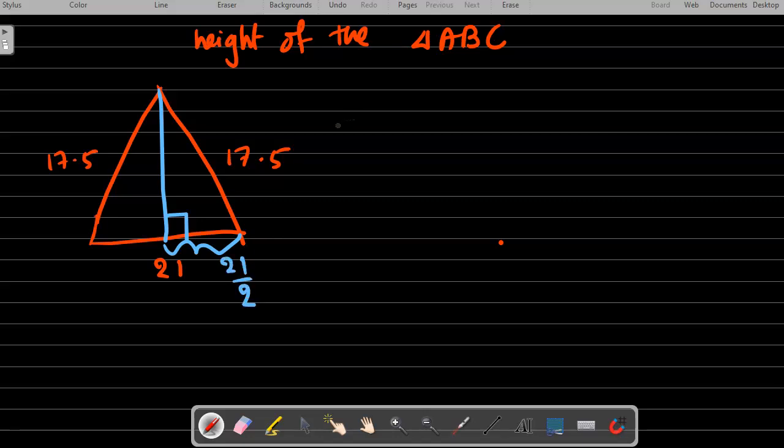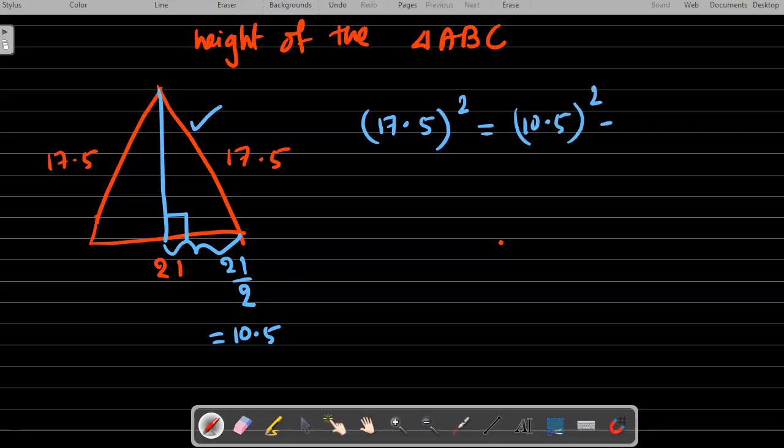So what you get? This is our hypotenuse, this is a right angle triangle. So hypotenuse is 17.5 squared equal to, this is 21 by 2, which means 10.5. So you get 10.5 squared plus height squared. This is our h. This is the Pythagoras theorem.